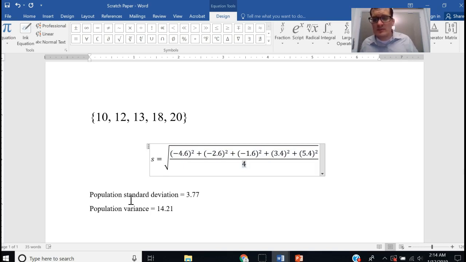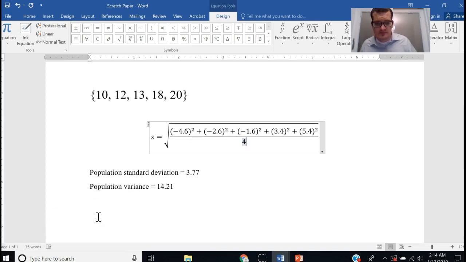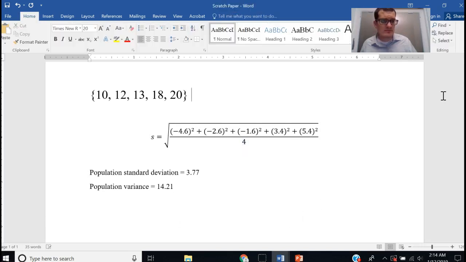Now, we saw that if this were a population, the standard deviation would be 3.77. However, if this had been a sample, it turns out that the sample standard deviation of this set is 4.22.